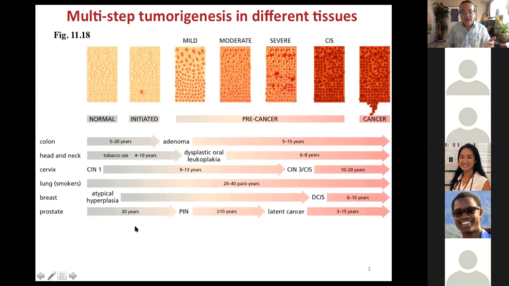And you can see other cancers as well. Prostate cancer might take 20 years of this initiation stage before you have a neoplasia. So this is prostatic intraepithelial neoplasia, not cancer yet, but then another slower, drawn-out progression until we finally get, 3 to 15 years later, full-blown cancer.